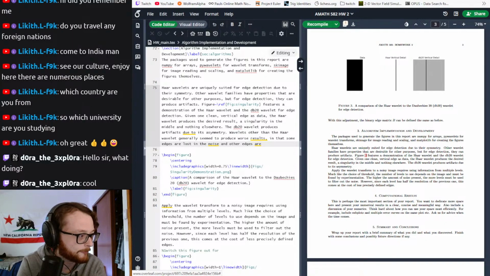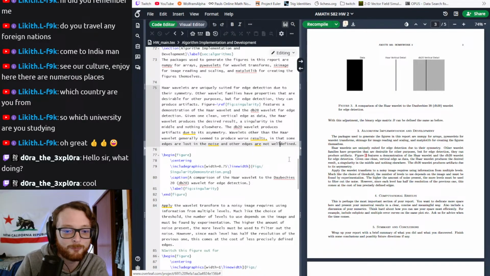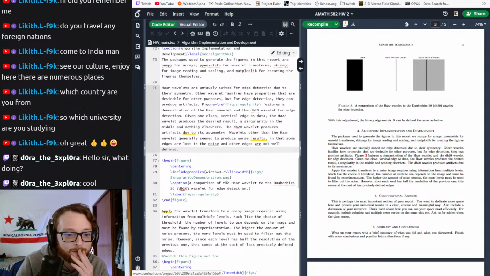I want to say not well defined. I mean, I guess that actually works. Now, am I going to hyphenate this? Well defined. No, I want to hyphenate it, but I'm not going to.